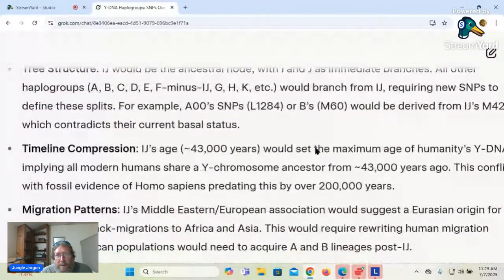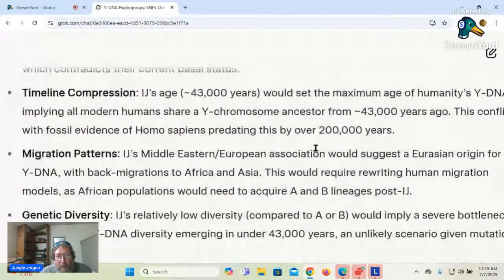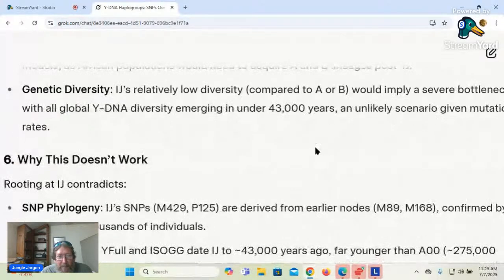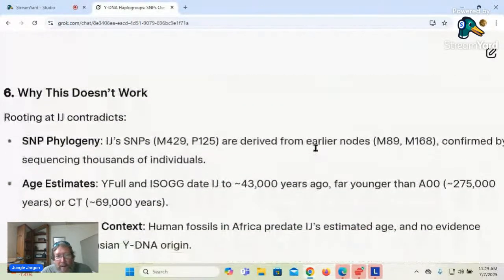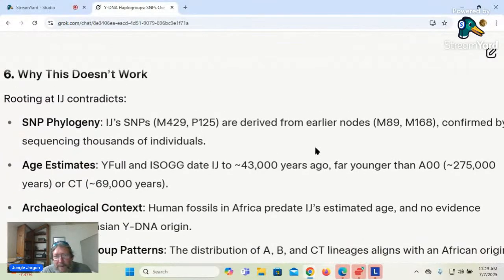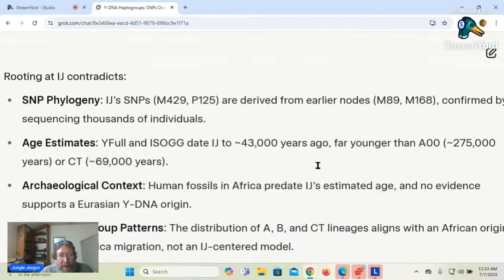Okay, tree structure means it's all reverse. From A all the way to IJ has to be in reverse. From K down to the descendants of K, what they call descendants of K, which is not the descendants of K. It's just that they share a common ancestor with K, which is Japheth. So all the descendants of Japheth are KM9.